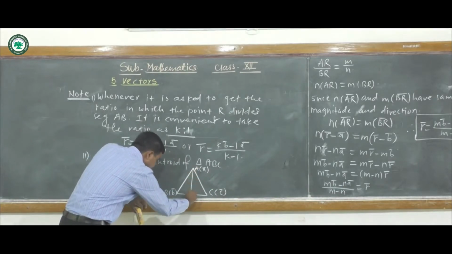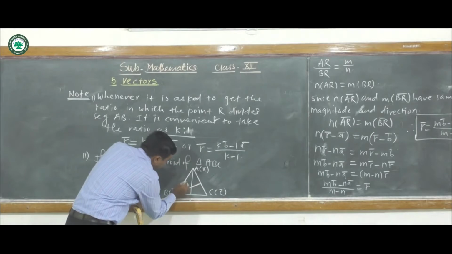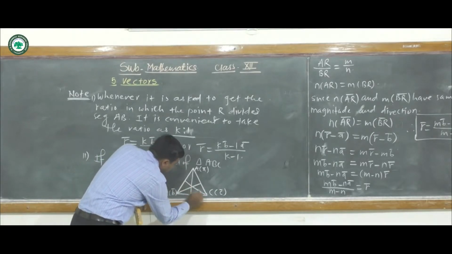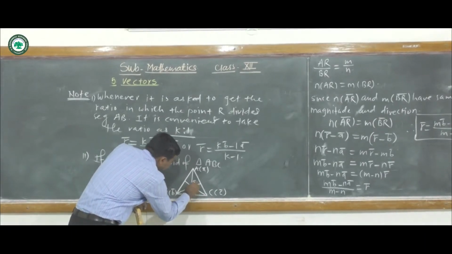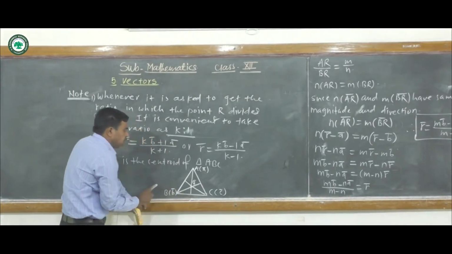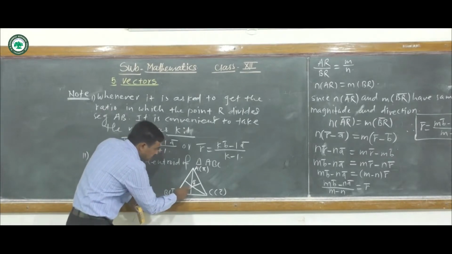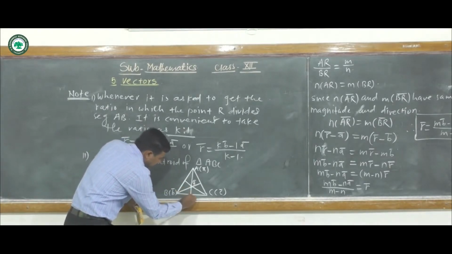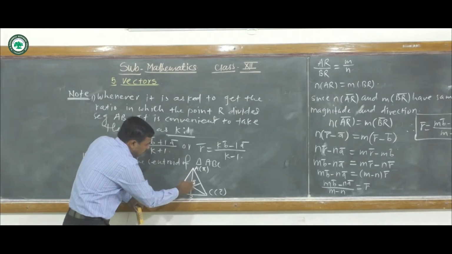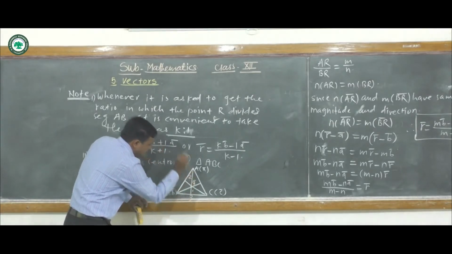This is the centroid G, the point of concurrence of medians of this triangle. You know that if this is point D, then the point G divides the segment AD internally in the ratio 2 as to 1.